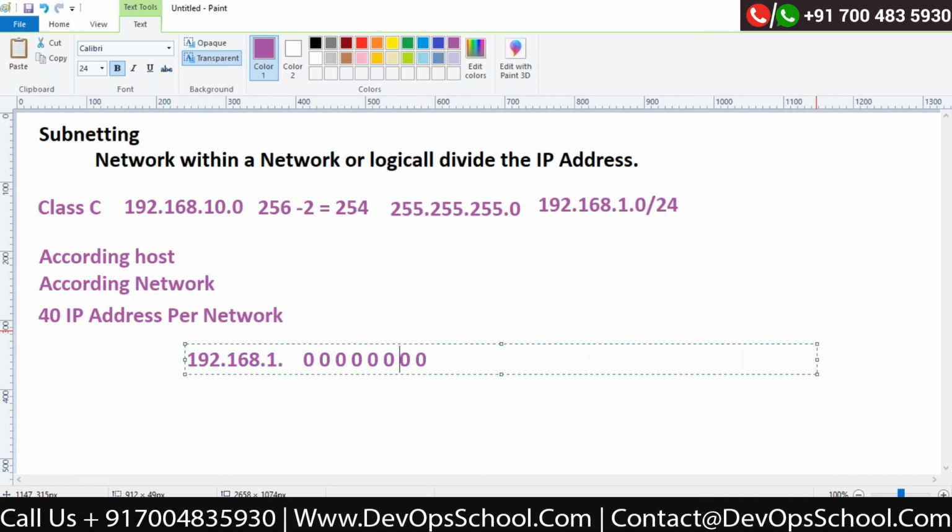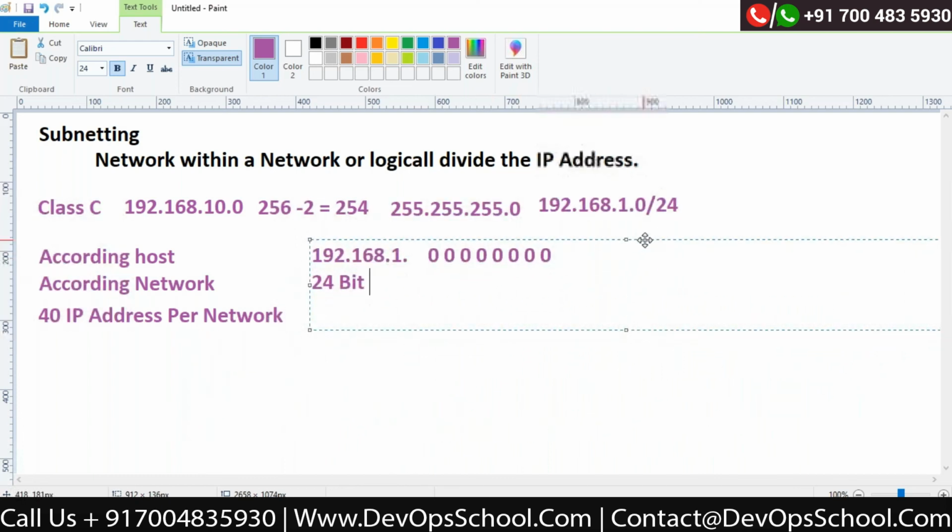These are the host bits I am going to require. Correct? I'm not going to change anything on the network bit side. This is 24 bits for the network. Correct? Now, let's understand how many hosts I require. 40 IP addresses are required.